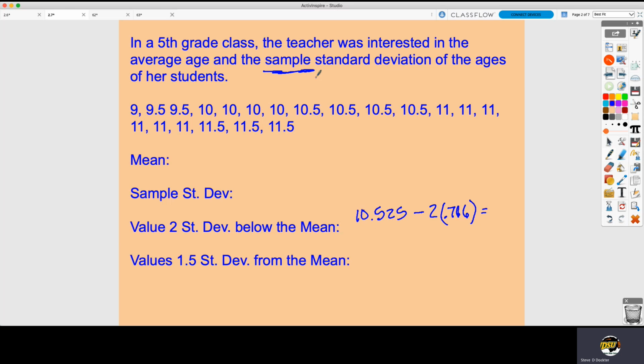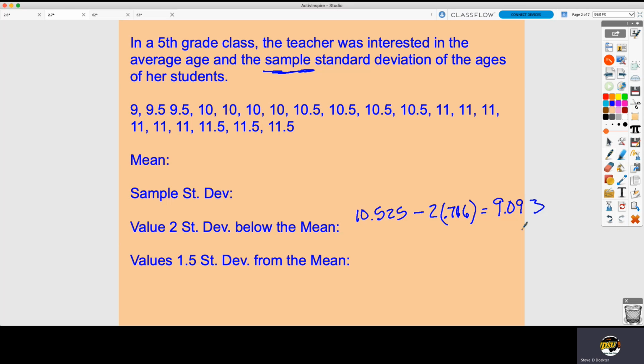What do we get for an answer, people? 9.093. That makes sense to me. I think that's right. Deidre agrees. Okay, perfect. Do we have any other questions?